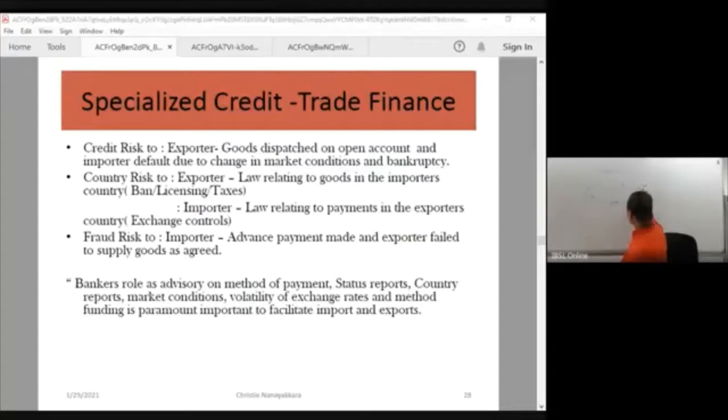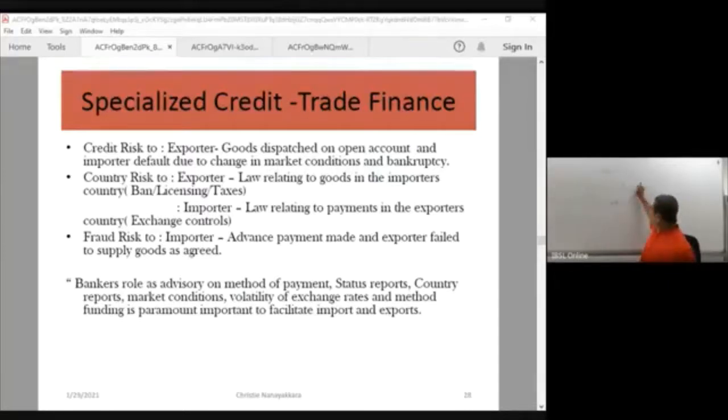So at the time of sending goods, sometimes he may not have money, but he has a letter of credit in his favor issued by a foreign bank on behalf of his trade customer. So C sometimes can go to his bank B2 and say, in order to send these goods, I may need some money. That money will be given by way of a packing credit line.